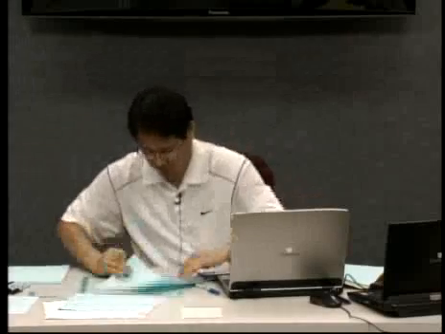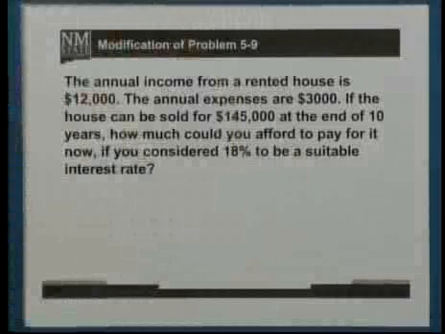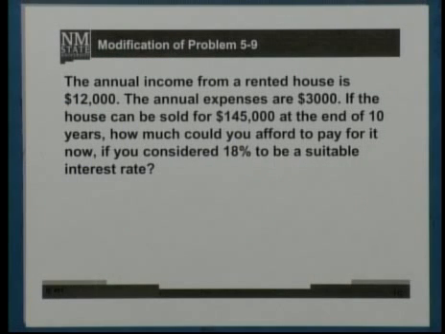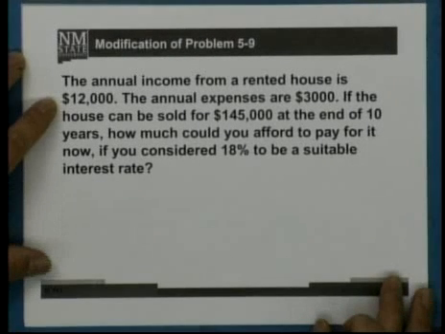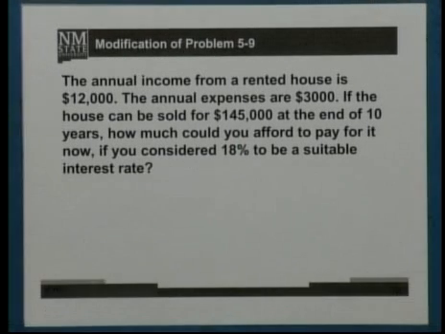So the next problem that you are going to solve is, okay, next problem is, what about problem number 5-9? The annual income from a rented house is $12,000, and the annual expenses are $3,000.